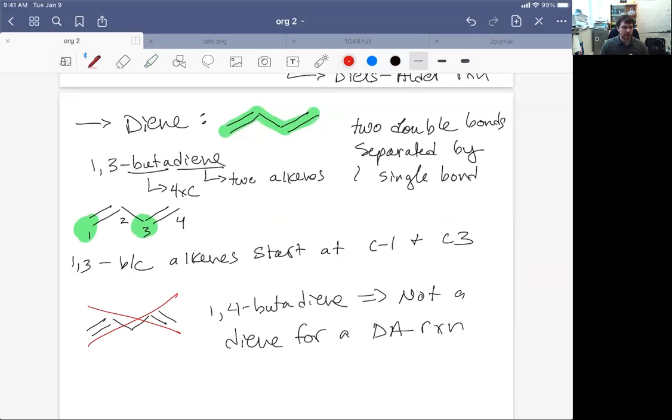Okay, so the other thing about the diene reactant that's kind of interesting is its conformation matters. So the conformation of the diene is critical.